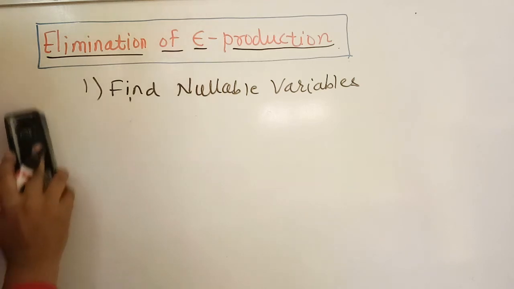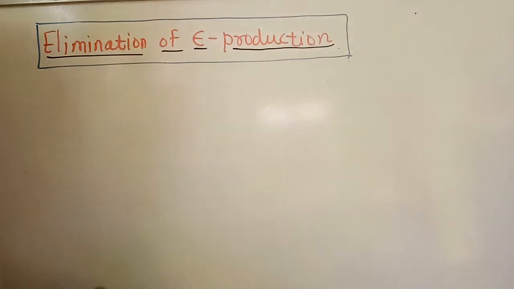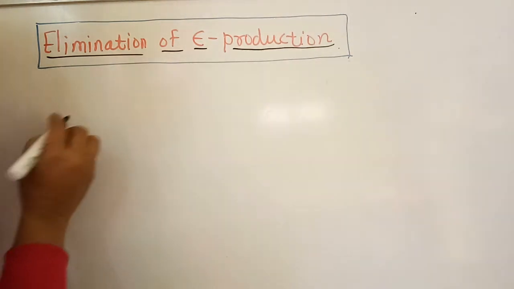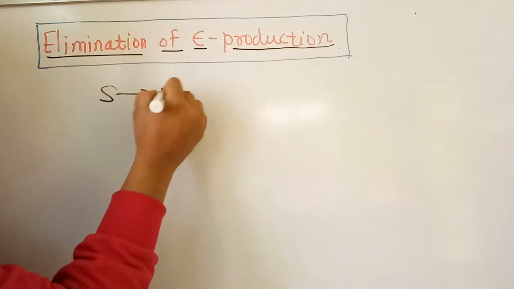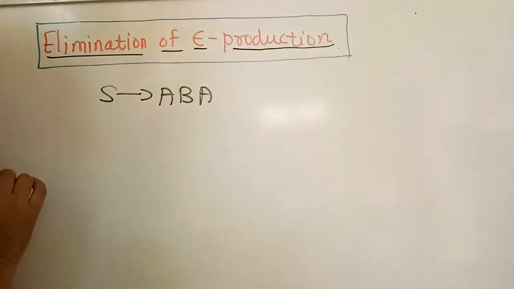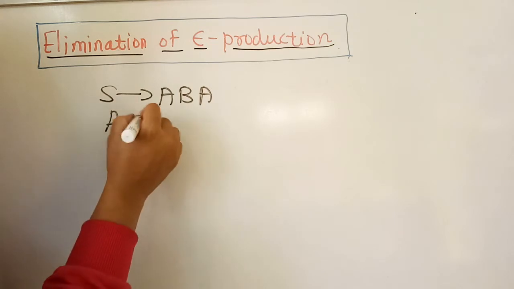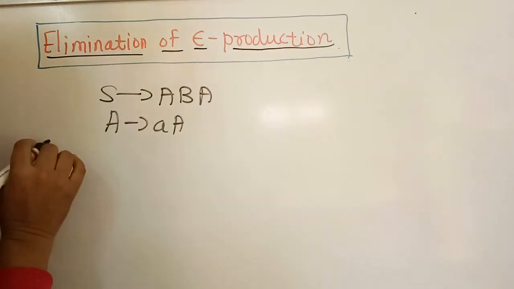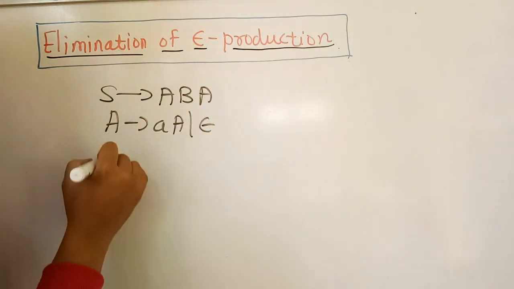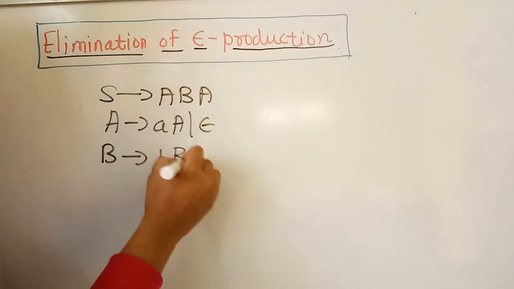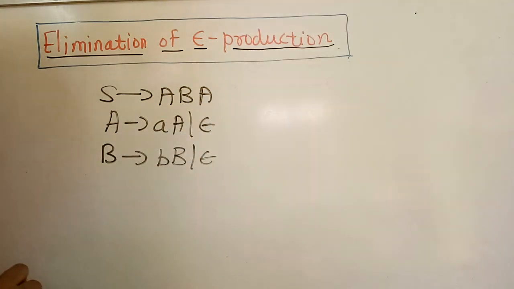To explain it, I will take one example. For example, S gives ABA, A gives AA or epsilon, B gives BB or epsilon.